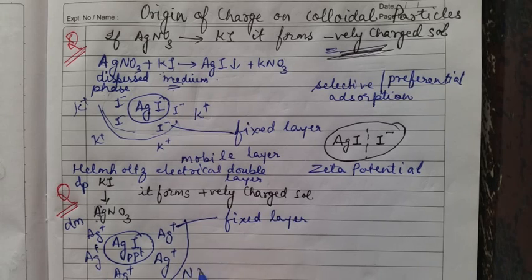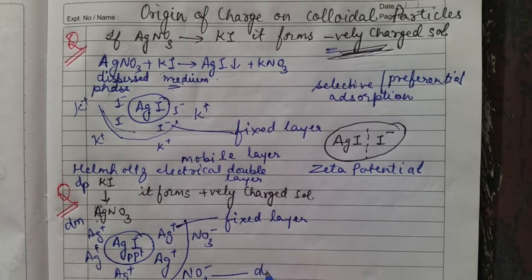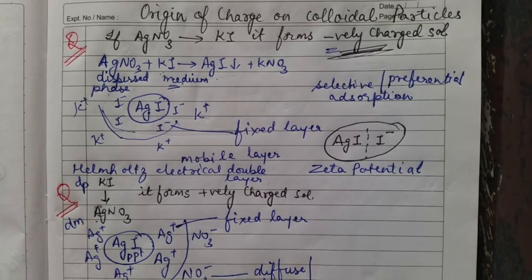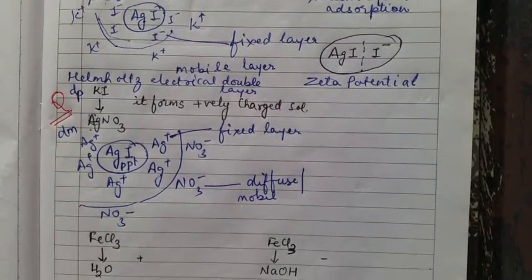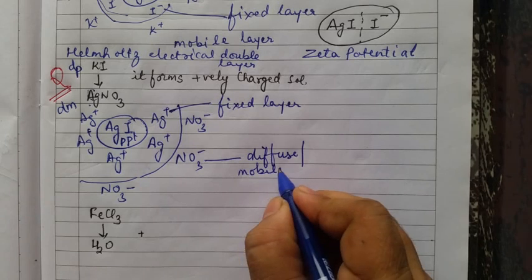Ag plus is adsorbed here, and the nitrate ions will surround it. This forms the diffused layer, which is also called the mobile layer.